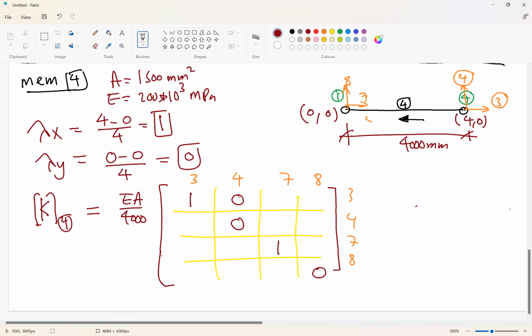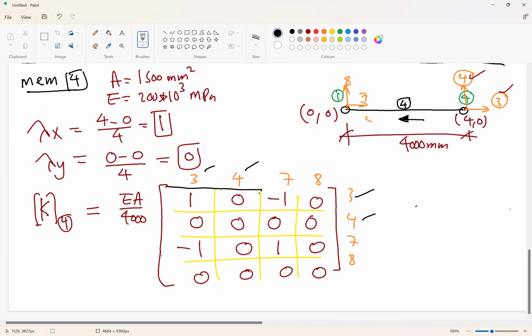So anything related to lambda y will be 0, negative 1, 0, all of this 0, all of this 0, negative 1, 0, 0. Again, these two are our unknowns, so we are focusing on this part, 3 and 4, since we just need to get the unknowns.